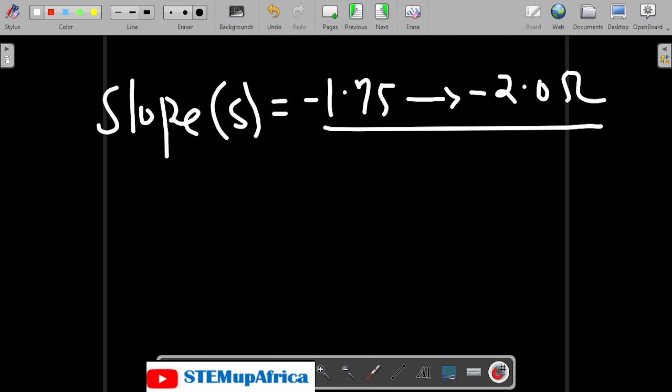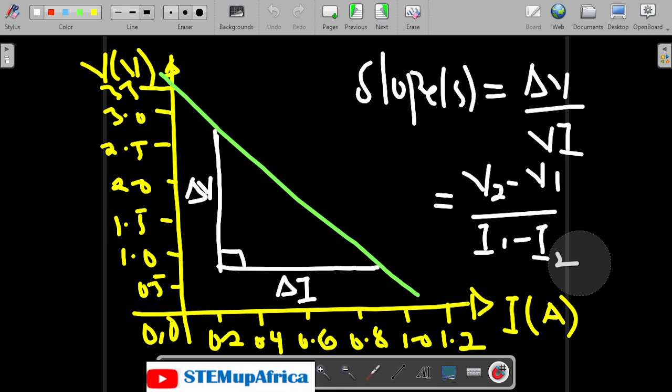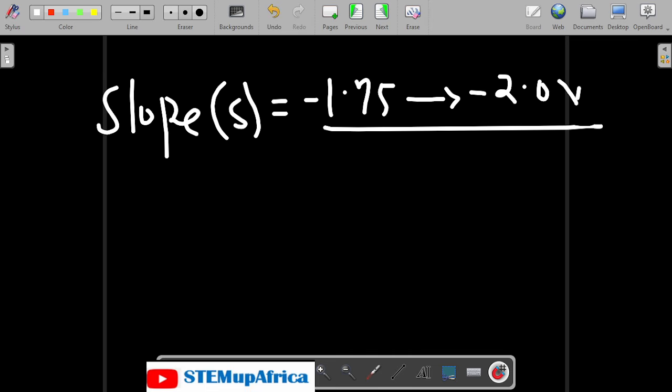Sorry, not ohms, even though we know it's ohms, but you put it according to the units. Here is volts and here is amperes, so it'll give me volts per ampere. I need V over I, which is ohms, but unless they ask you what the slope represents, then you can tell them. For now you write volts per ampere.